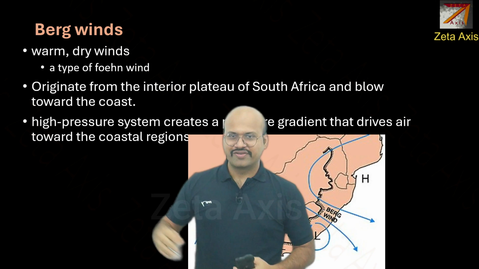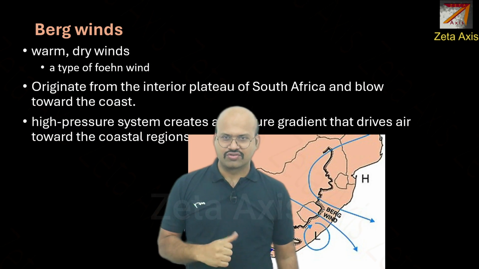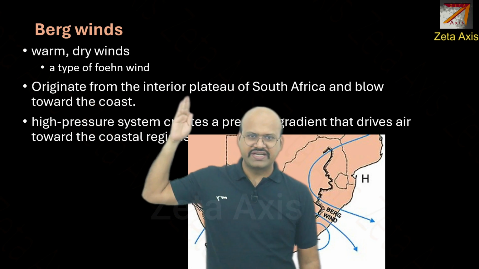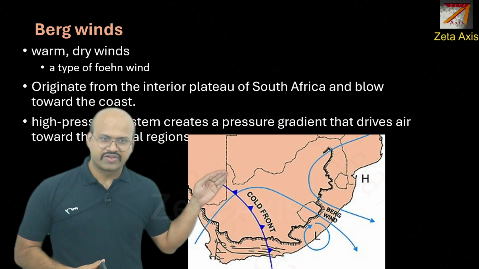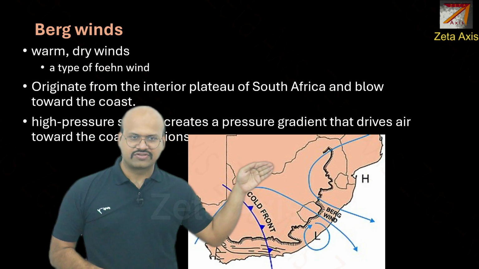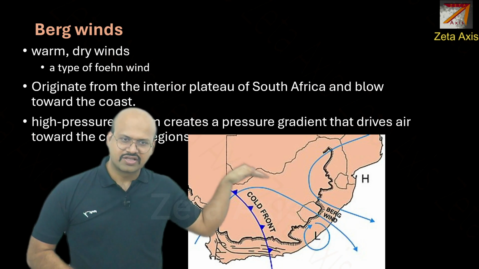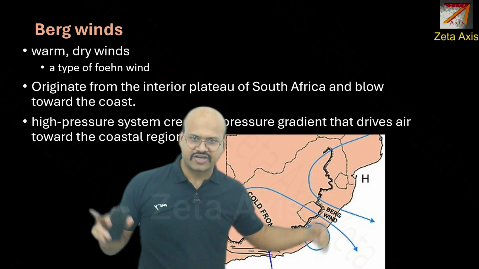Here is the summary. Warm dry winds, a type of foehn wind which we have seen in Central Europe. So it originates from the interior plateau of South Africa and blows towards the coast. High pressure system creates a pressure gradient that drives air towards the coastal region.